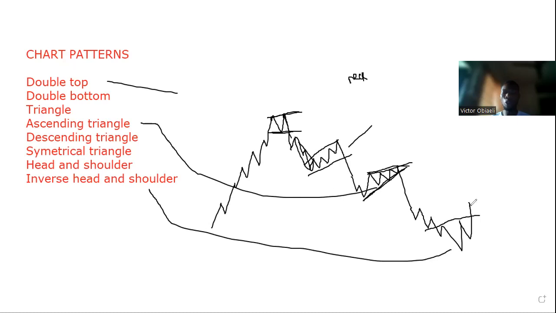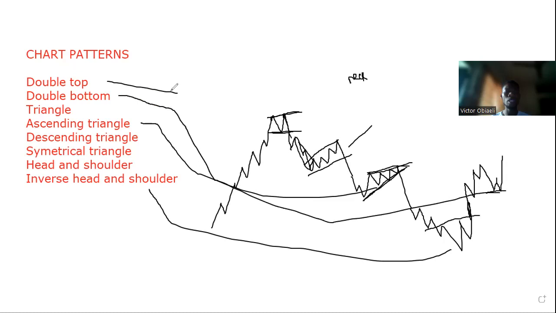Now, when the market goes back up and we have something like this, you've seen this before, the reverse of this one: a double bottom. And a double bottom signifies what? That the market is trying to go back up, and so the market keeps advancing.